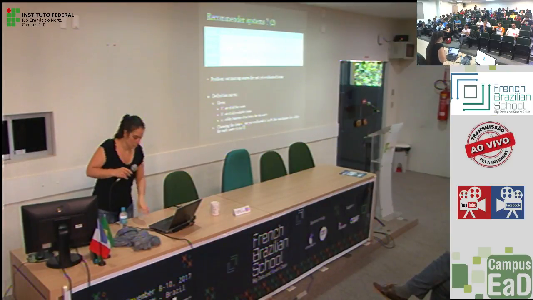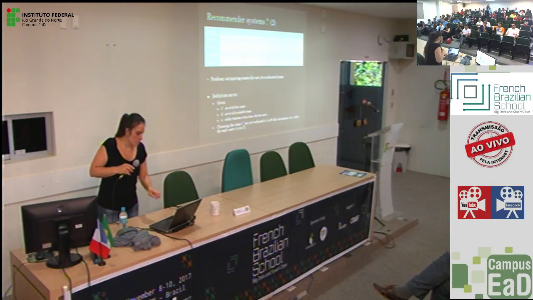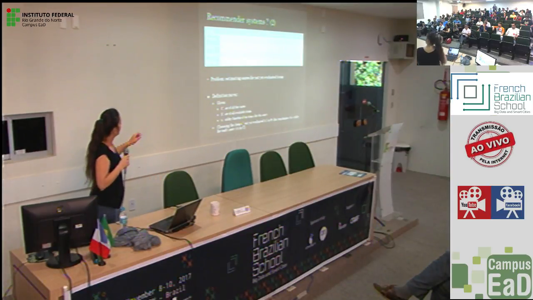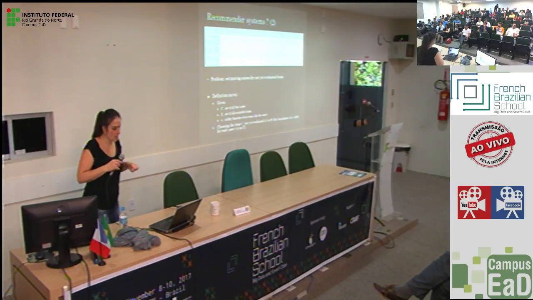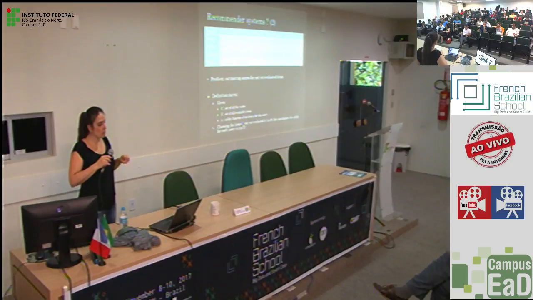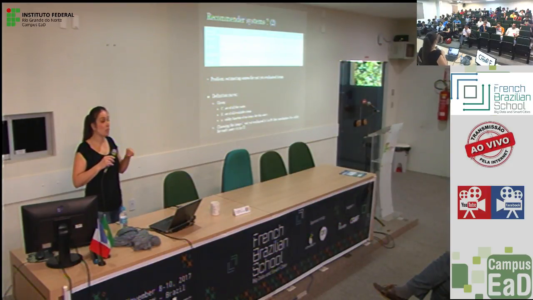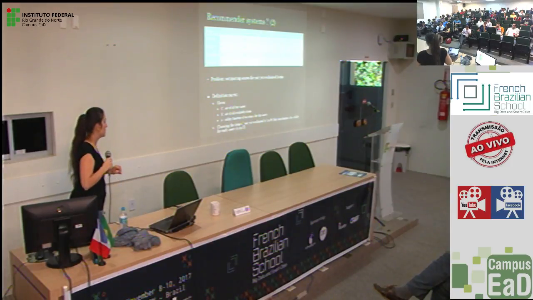More formally, this is Hill's definition at the end of the slide. It formulates the problem of recommendation in the field of e-commerce. It was the first definition we have of a recommender system.